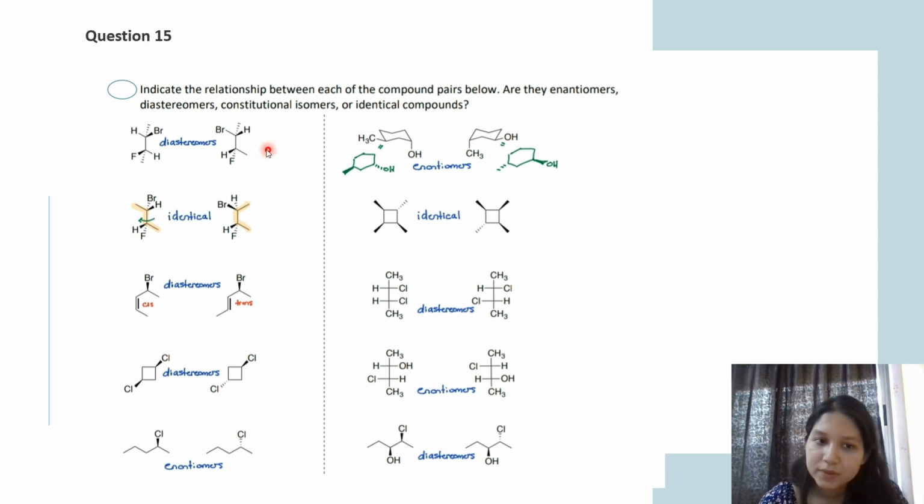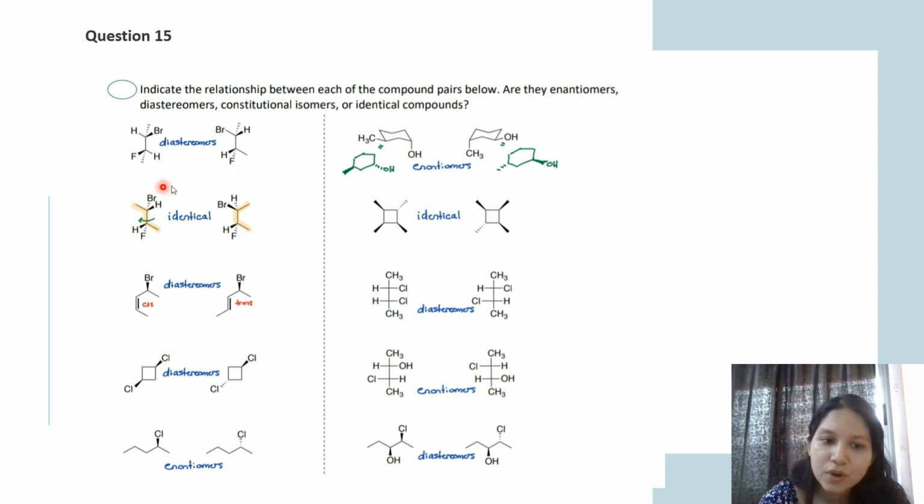We have already solved similar examples, and I hope those solutions will help you in solving these two pairs, and you will find that these two pairs will be diastereomers. You just have to convert them into their Fischer projections and you will find the configurations which will lead to the verification that these two compounds are diastereomers.